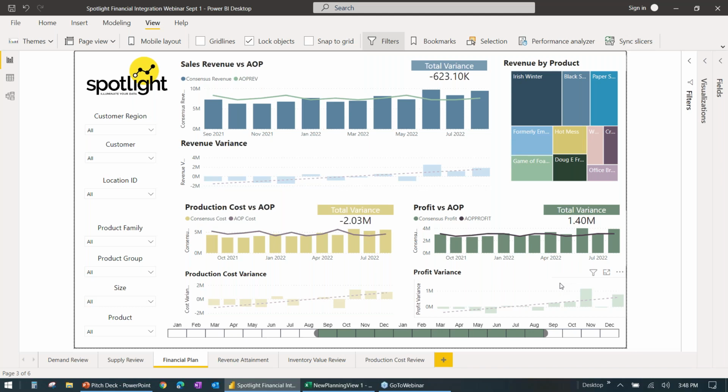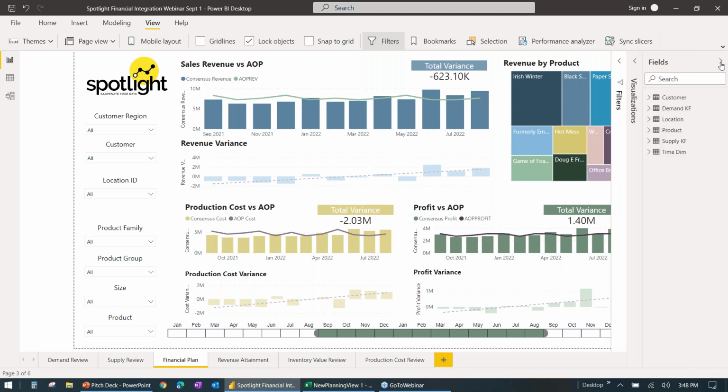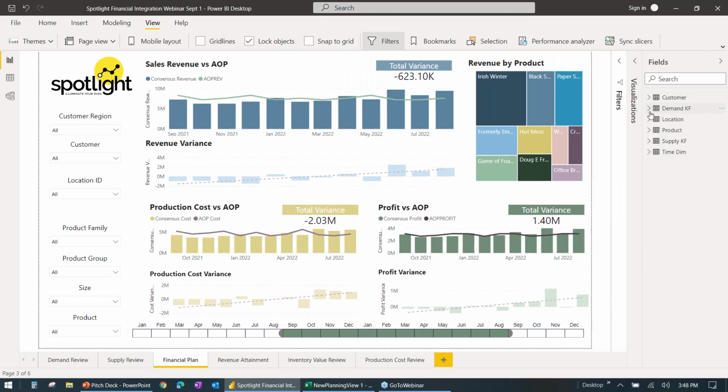Yeah, so customization, we're building and we've built out all the custom extractors. I will show you this. These are the key figures, if you will, based on demand and supply.